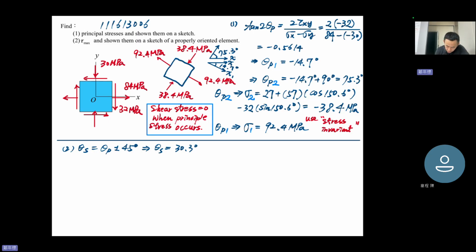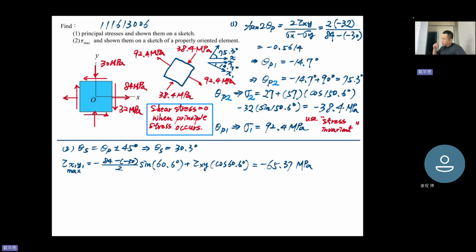So we can quickly get tau max: tau x1y1 max equal to minus (84 minus 30) divided by 2 times sine of 30.3 times 2, 60.6 degree, plus tau xy cosine 60.6 degree, equal to minus 65.33 MPa. Okay, that's it.